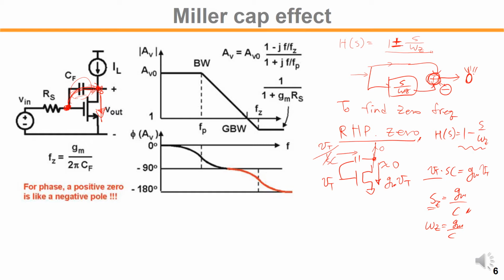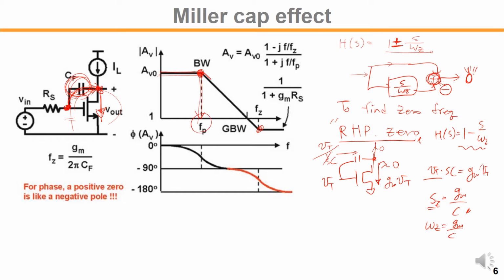Since this is a right half plane zero, do we have an additional phase shift out of this? This zero frequency is at a very high frequency because CF is small. So we have a bandwidth where the input equivalent capacitance is boosted by the Miller effect, so we have a lower bandwidth point.